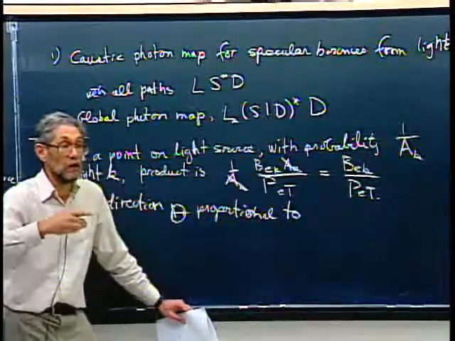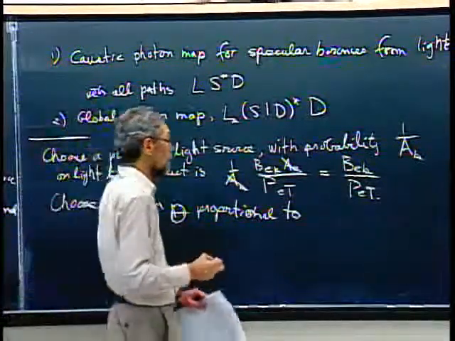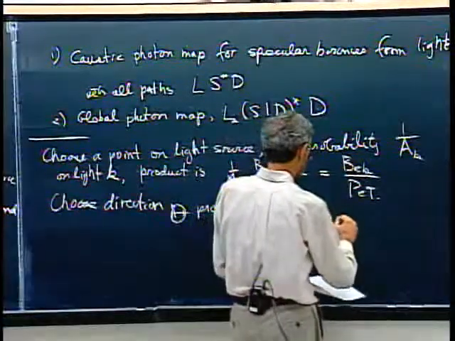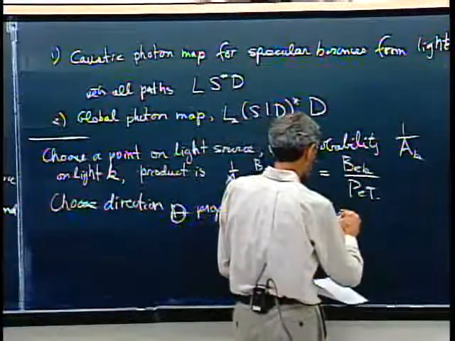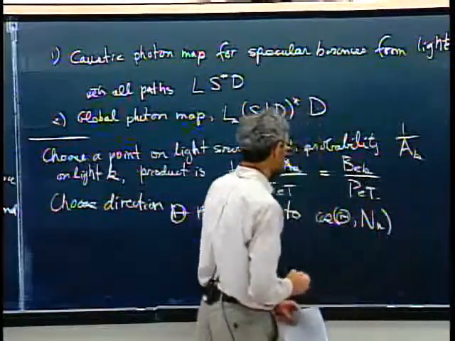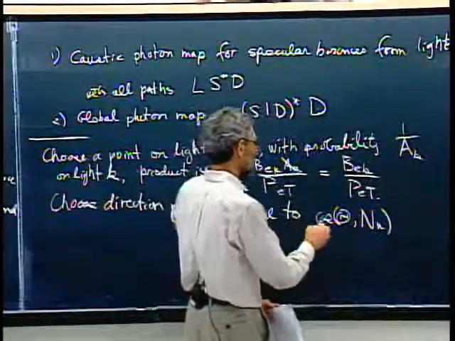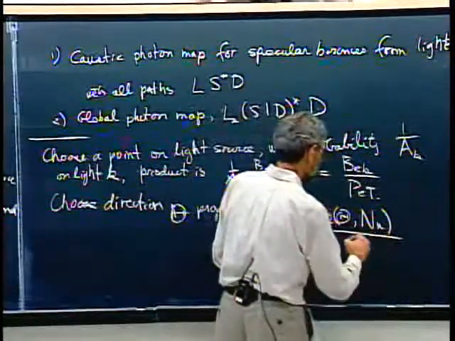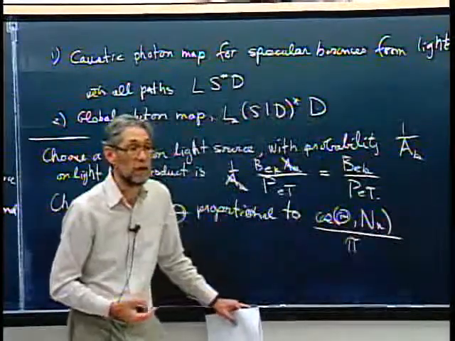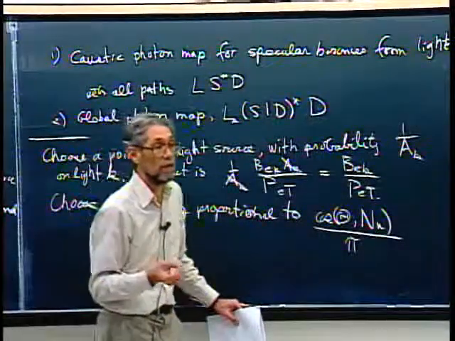If it's equal radiance in all directions, they've got to leave less at a glancing angle because of the foreshortening factor. So it's proportional to cosine of the angle between theta and the normal of light source k. And the probability then is this over the integral of that, which is pi. So that's the probability density distribution that you're going to use to choose the random angle. We've done that for homework also.